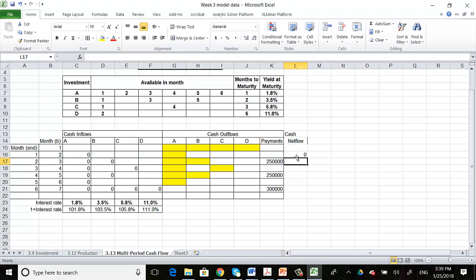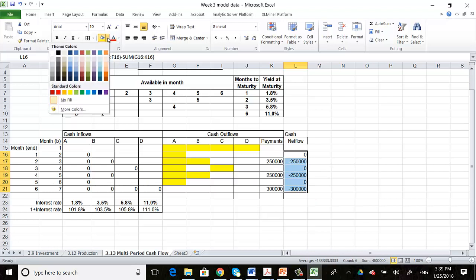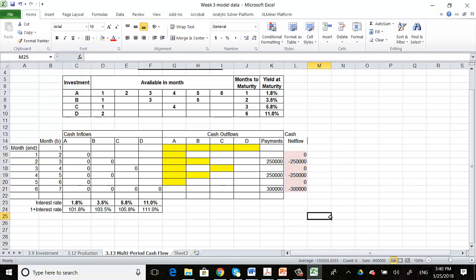We want them to be greater than equal to 0. So we'll copy this all the way. And we're going to shade those ones. As the left hand side, we'll just say these ones all need to be greater than equal to 0. Okay.